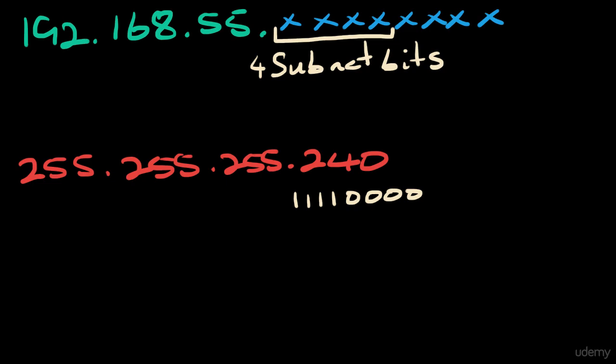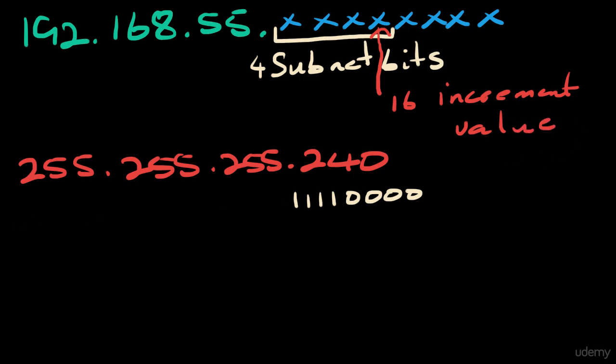Now, to work out the different subnets, all I have to do is figure out what is the increment value. The increment value is the subnet bit with the lowest value, which is this bit. What is that bit? This is 1, 2, 4, 8, 16. This is 16. 16 is our increment value.